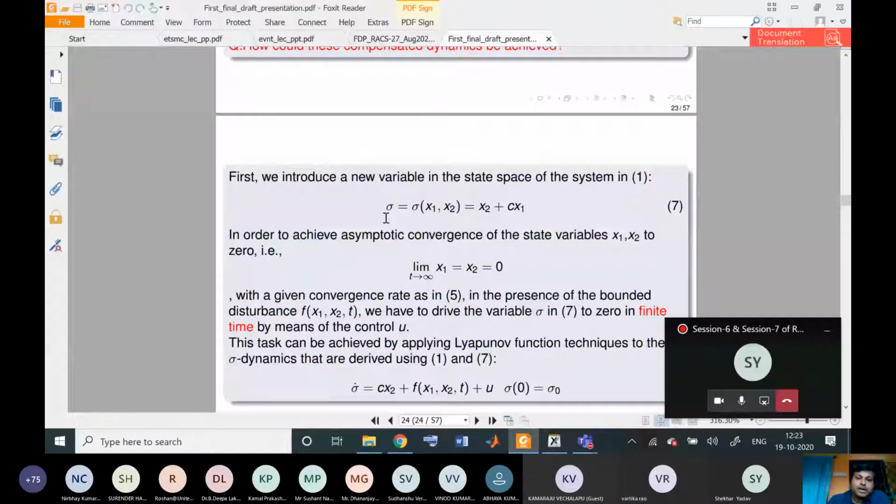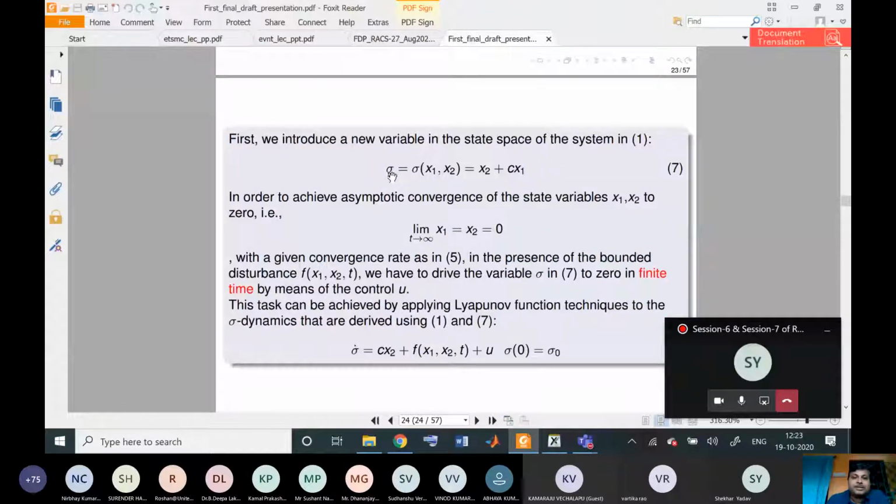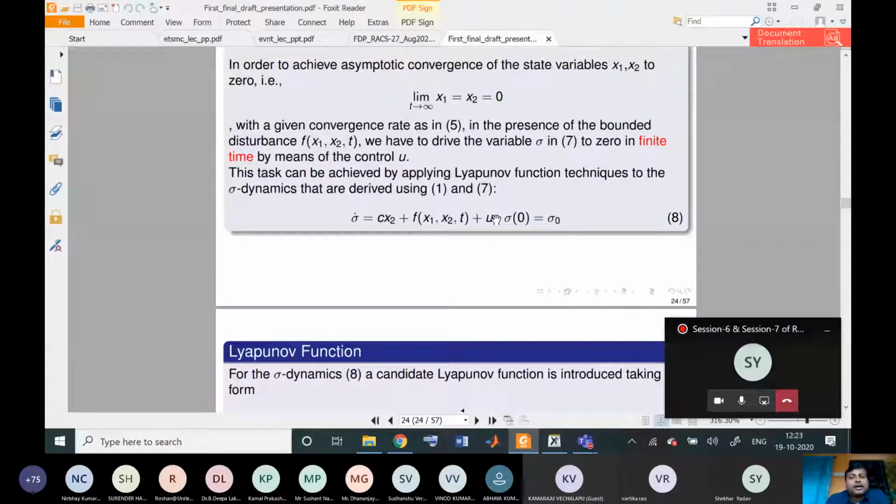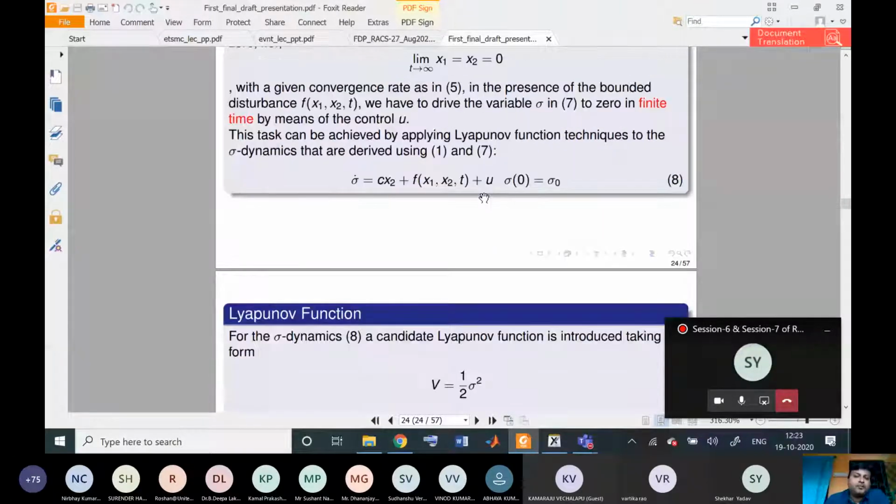To do that, we will differentiate this sigma once. If we differentiate sigma, we find that u is going to appear. So now we can design u in such a way that we can make sigma and sigma dot both equal to 0 in finite time. How can we design u? That can be designed with the help of a Lyapunov function.